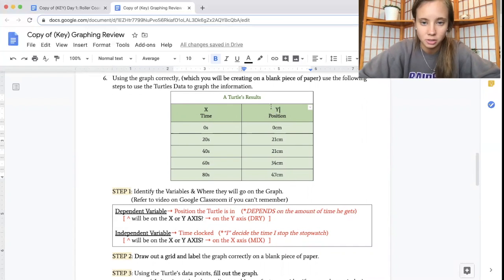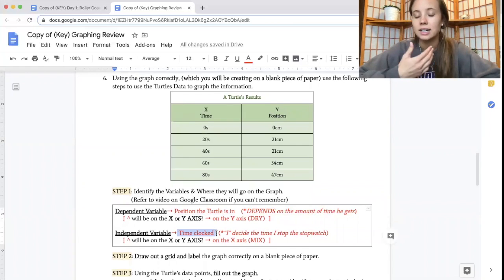So Y is our position, which is our dependent variable. And then the independent variable is the time clocked. We decided on the time. We used the stopwatch. We decided that that's what's changing, and that is the mix. So that is on the x-axis. It's manipulated. It's our independent variable.